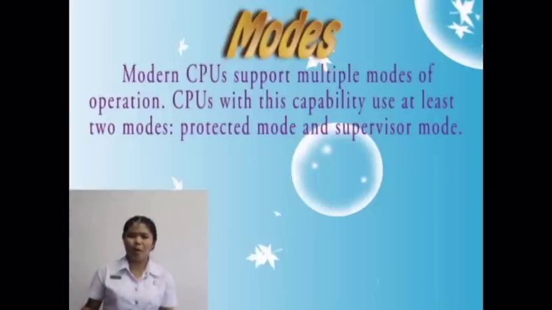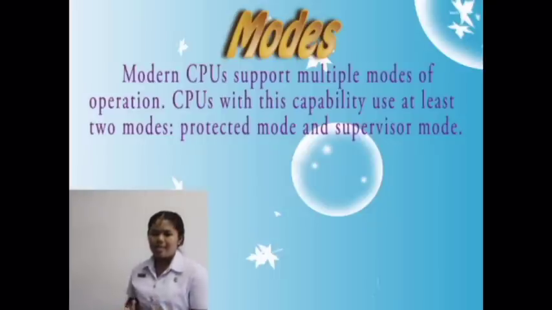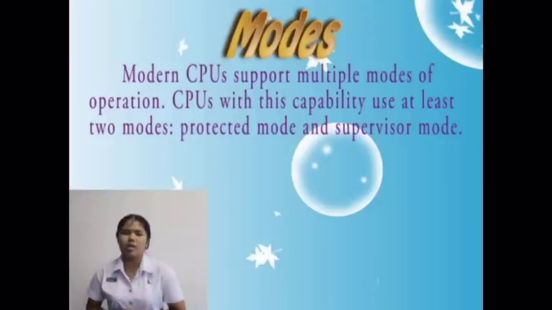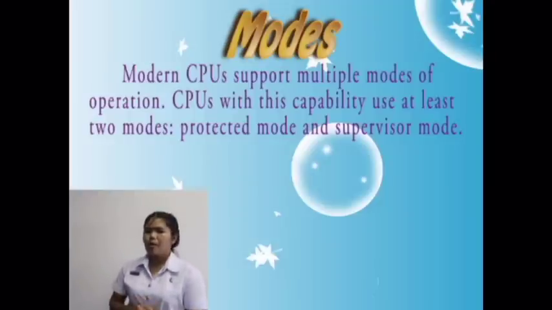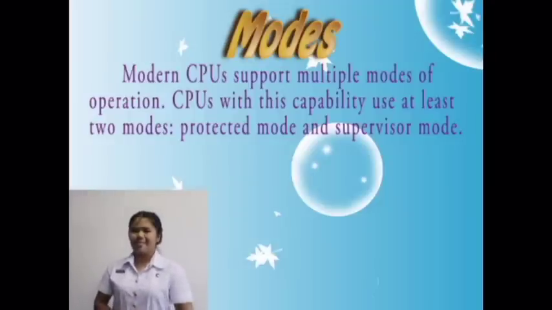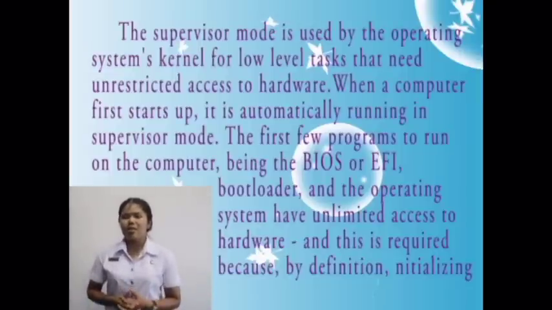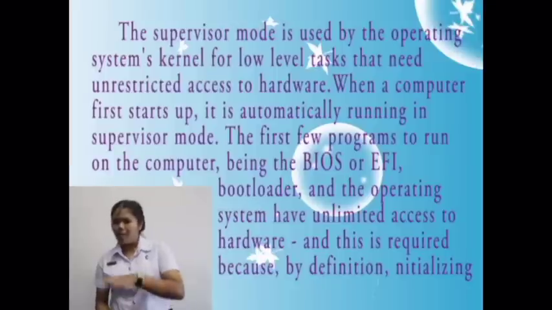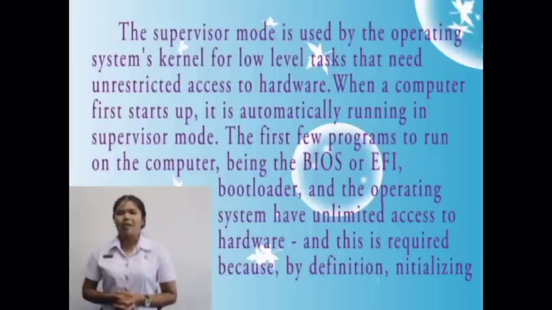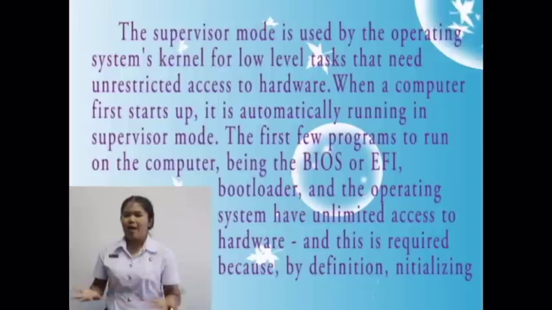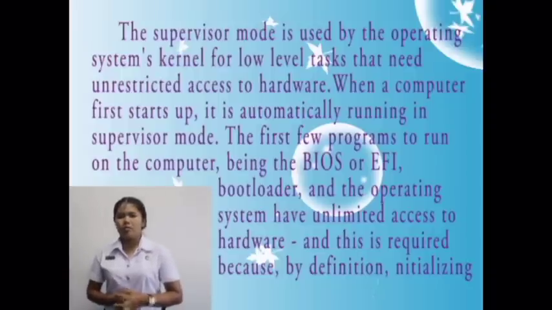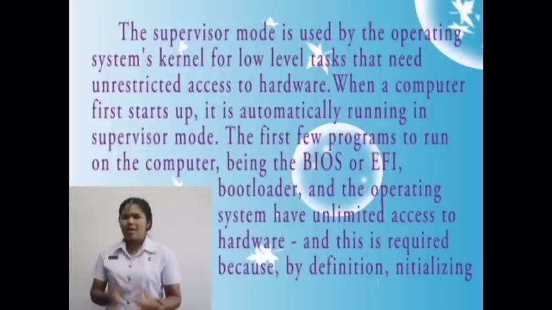Modern CPUs support multiple modes of operation. CPUs with this capability use at least two modes: protected mode and supervisor mode. The supervisor mode is used by the operating system's kernel for low-level tasks that need unrestricted access to hardware. When a computer first starts up, it is automatically running in supervisor mode.